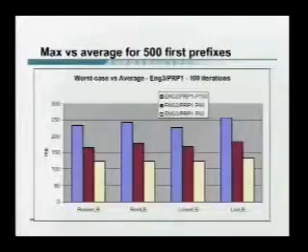The blue ones are the worst case loss of connectivity measured for the 500 important prefixes, while the yellow results give you the average convergence measured for the 500 prefixes. And so it simply gives you an added margin or safety margin when compared to the sub-second target.